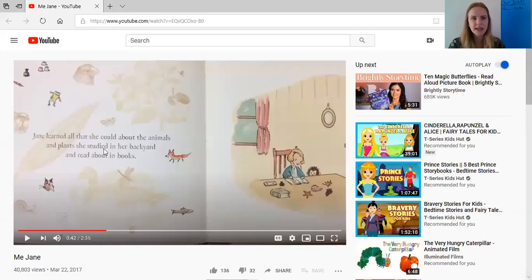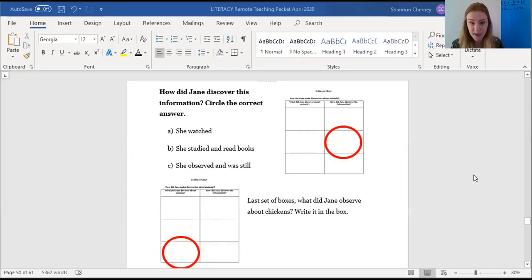Jane learned all that she could about the animals and plants she studied in her backyard and read about in books. I wonder if we have an answer choice that means the same thing. Go ahead and cross out the wrong answers and circle the right answer and fill it in this part of your chart.